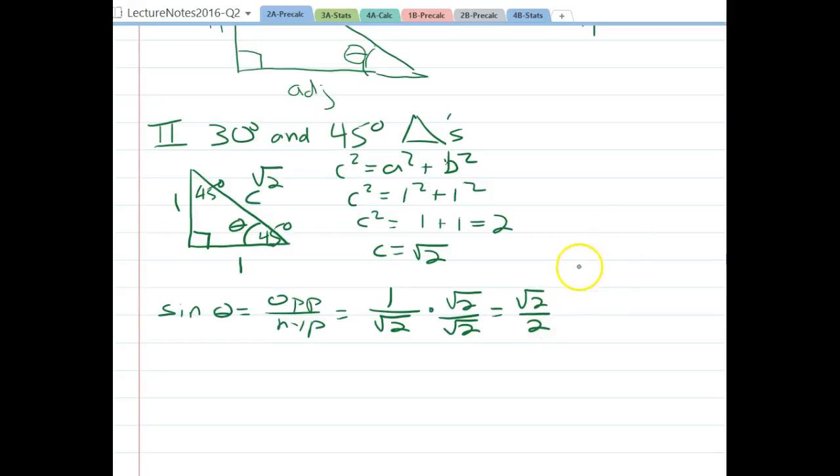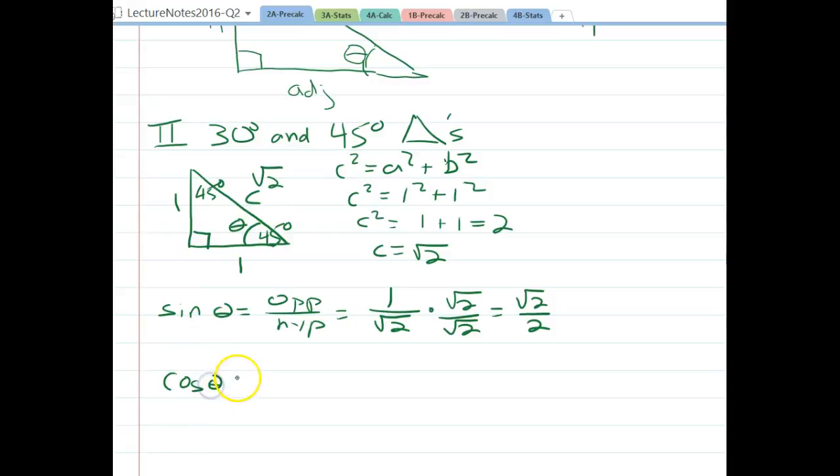So what we're saying is that all right triangles in the universe that have a 45 degree angle right here, the ratio of the opposite side from the 45 degrees divided by the hypotenuse is always going to be this same ratio. It's not going to change for all triangles with that 45 degrees.